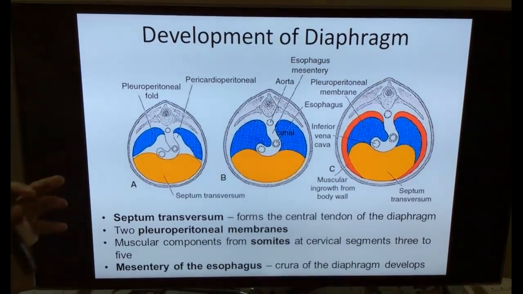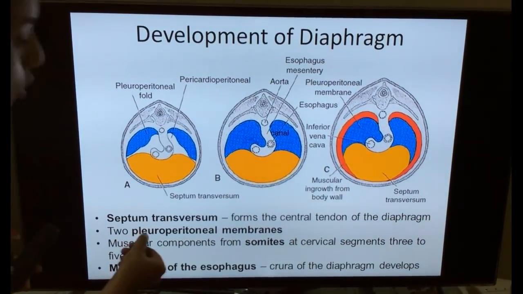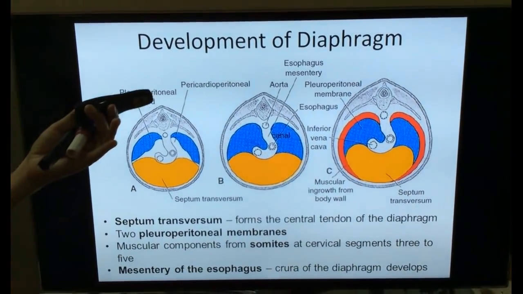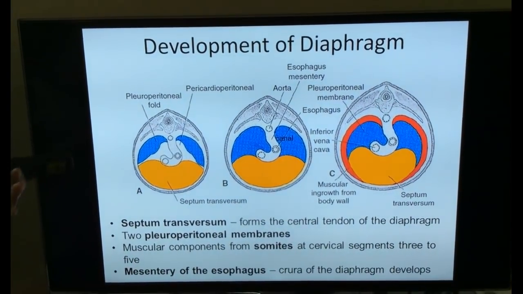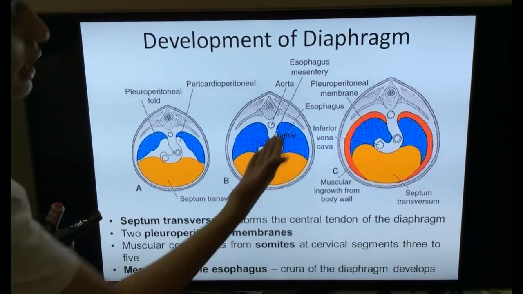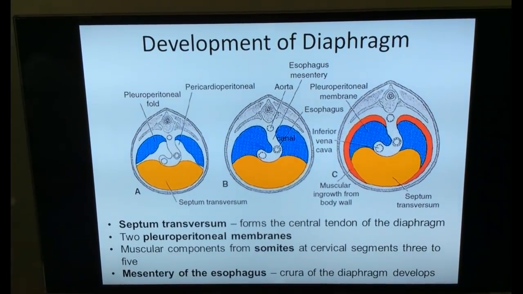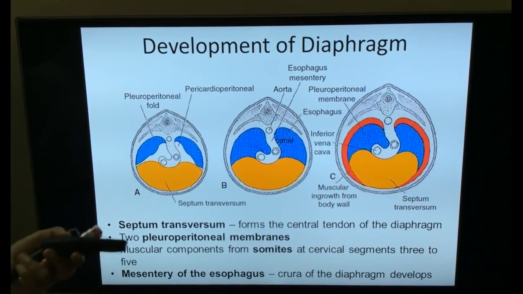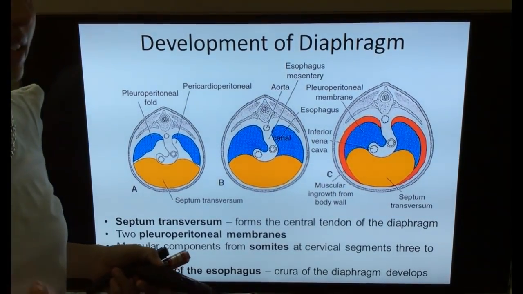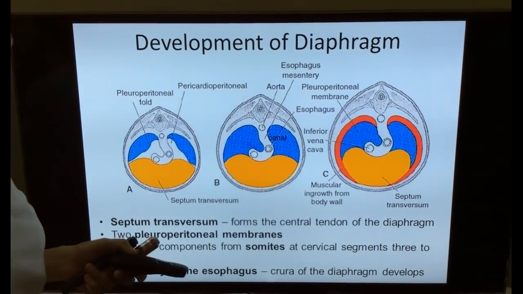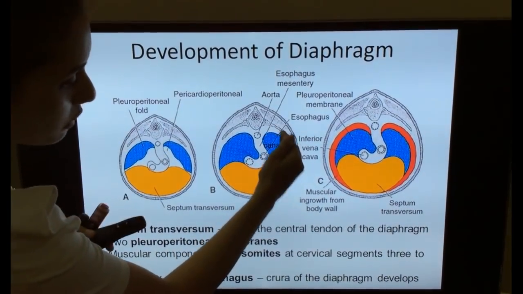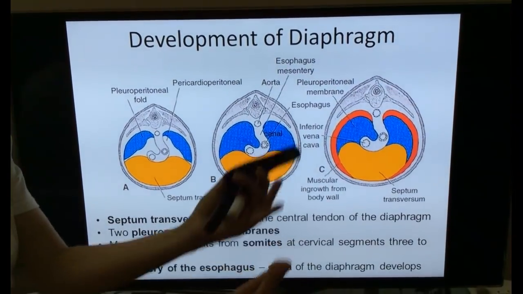Whenever there is failure, especially of the pleuroperitoneal membrane, since the folds have to approach each other and fuse with the mesentery, whenever there is failure in the formation of this membrane, it can lead to a hernia. This condition is called congenital diaphragmatic hernia, which is most common at the posterior wall, because the fold has to form at the posterior aspect and then they have to approach each other.